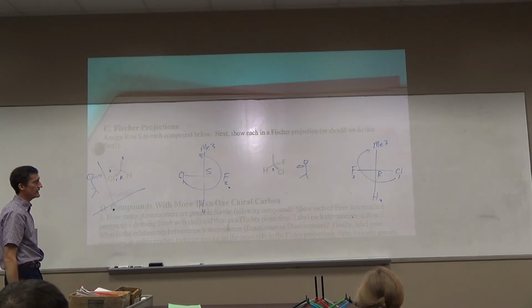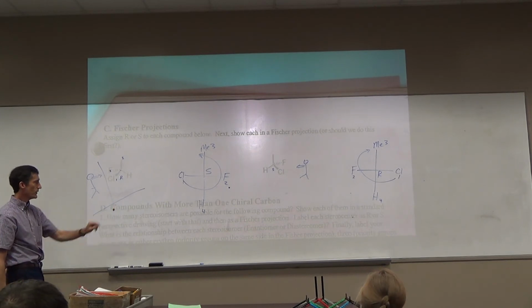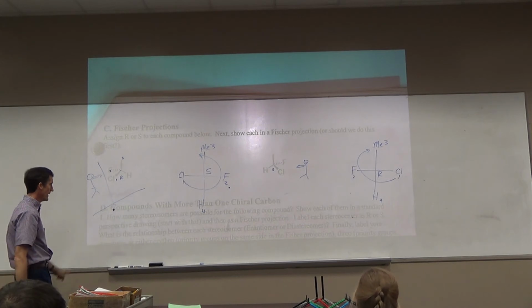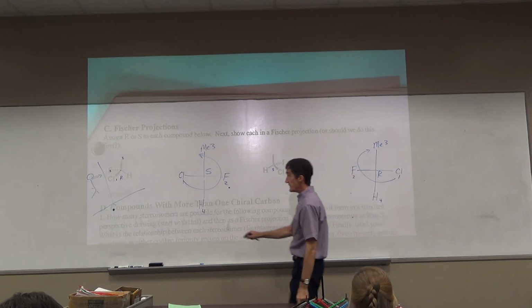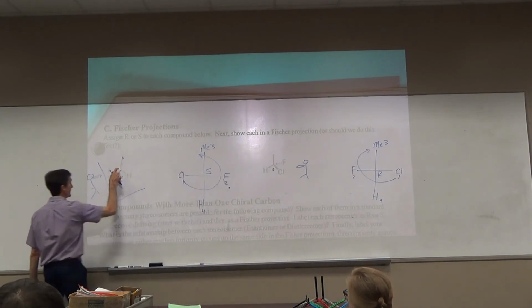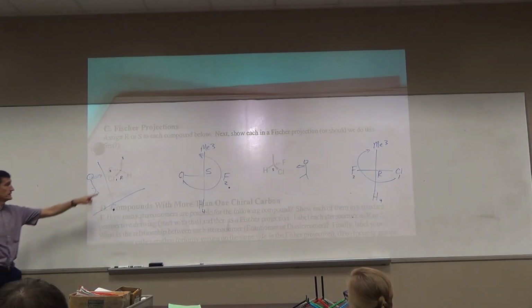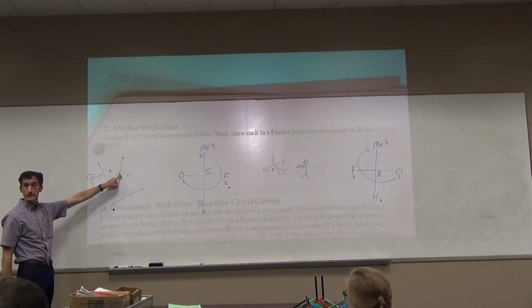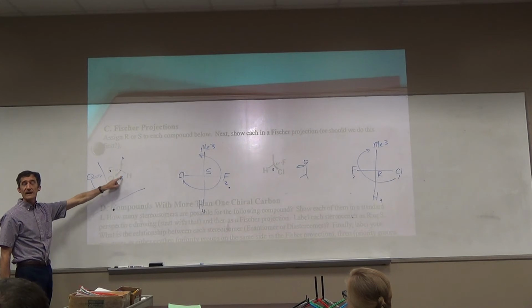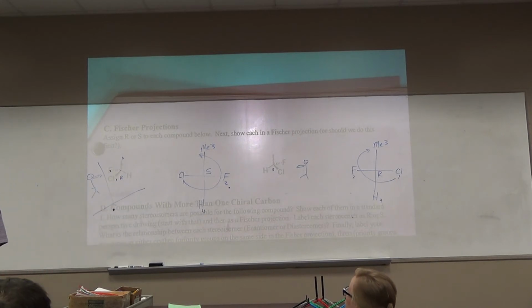Crosshair, implied. Compounds with more than 1 chiral carbon. How many stereoisomers are possible for the following compound? Before we do that, how many stereoisomers are possible for this compound? Well, when I say that, I love it when a student says, do you mean this, or can you clarify your question?